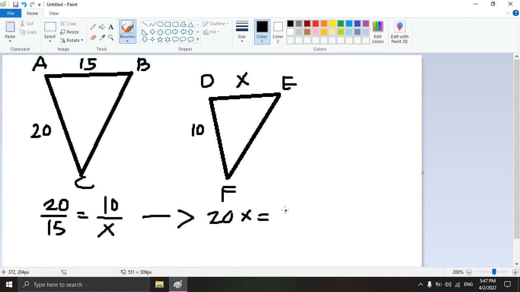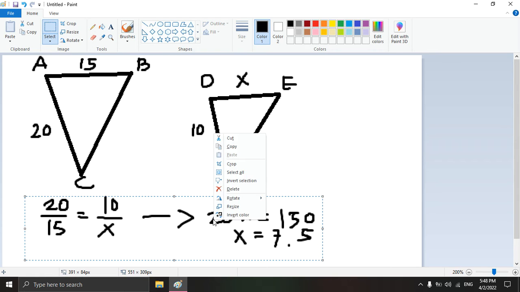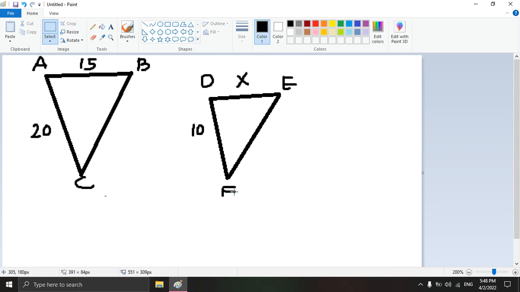The solution is the same. So you have the value of X, which is 7.5 or 7 and 1/2. The answer is still the same.